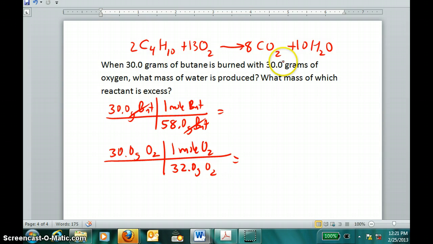It means I start the reaction with 0.517 moles of butane, roughly, and with 0.938 moles of oxygen.